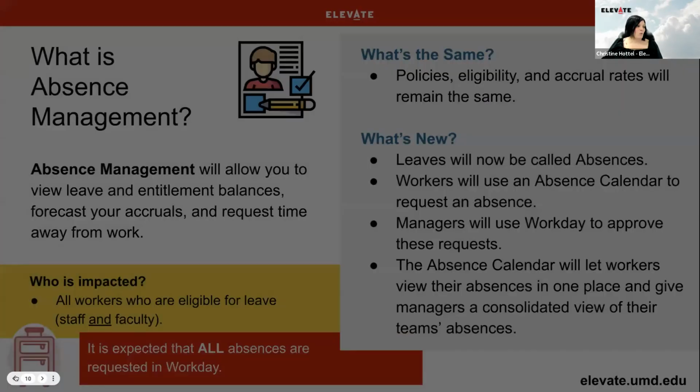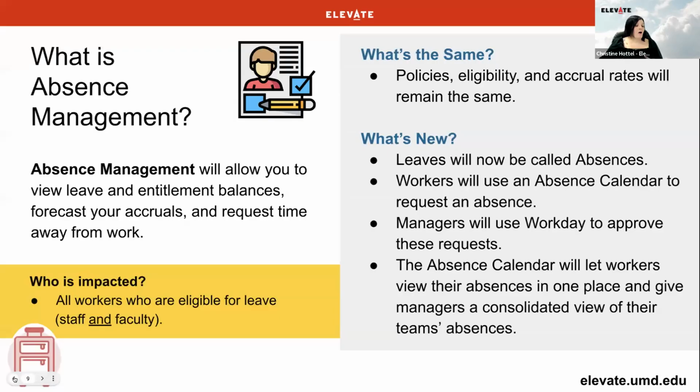One key takeaway here is that all workers, so we're talking about regular staff and faculty, contingent workers, and student workers, are expected to submit all of their absence requests through Workday. Right now, there may be a number of ways that you are communicating to your manager about your request for time off, and the approval may be verbal or just through an email.